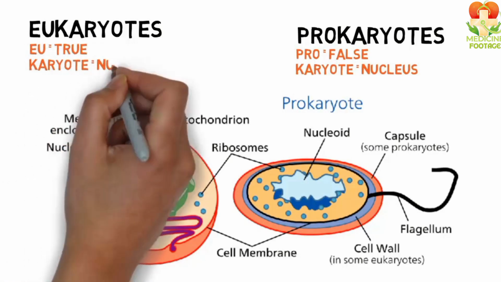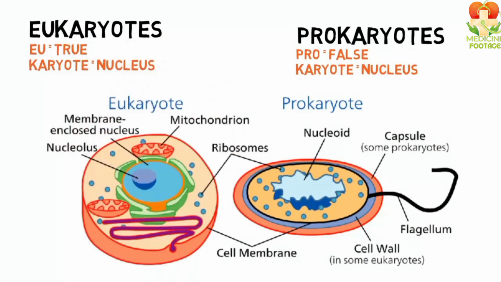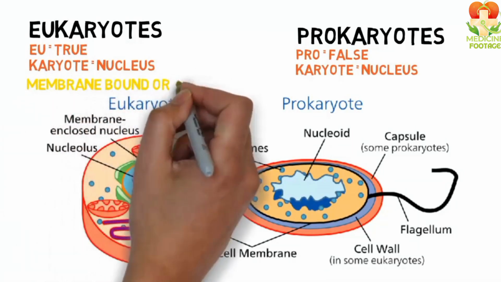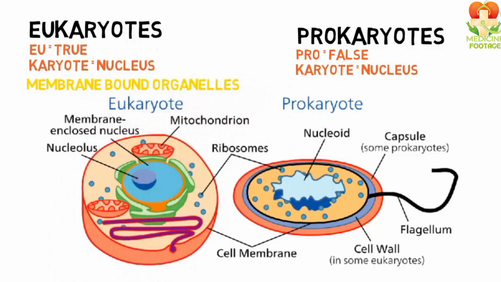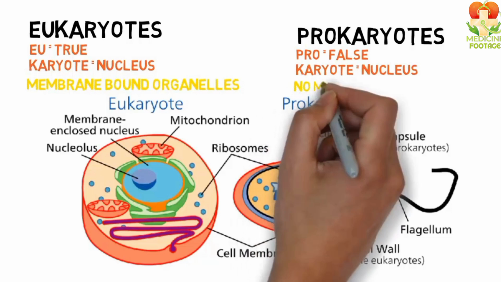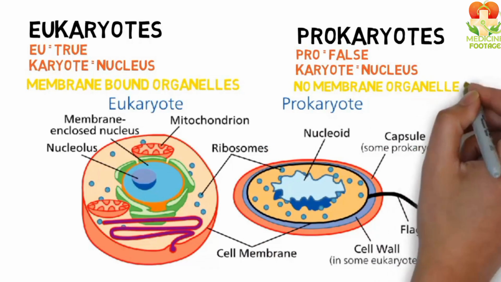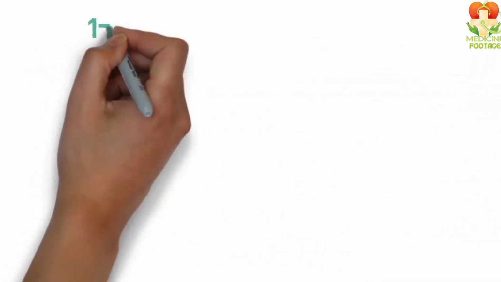So, eukaryotes have a true nucleus, whereas prokaryotes have a primitive or no true nucleus. In addition to having a true nucleus, eukaryotes also possess membrane-bound organelles, while prokaryotes lack membrane-bound organelles like mitochondria and the endoplasmic reticulum. Now, we move on to the kingdoms.